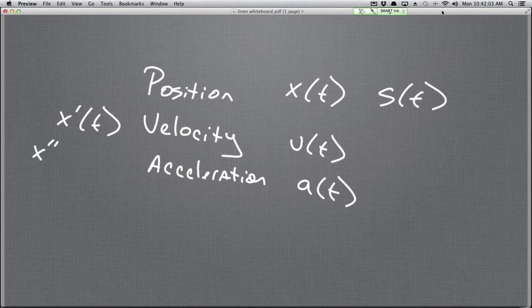Acceleration is the second derivative of the position function, or the derivative of the velocity function. So that's how the three are related.